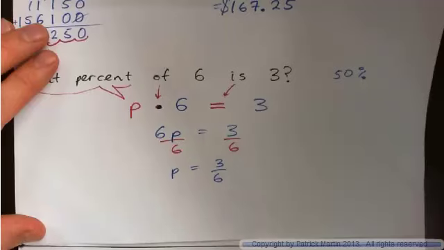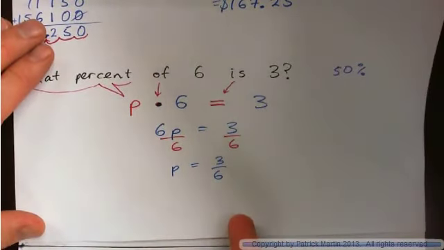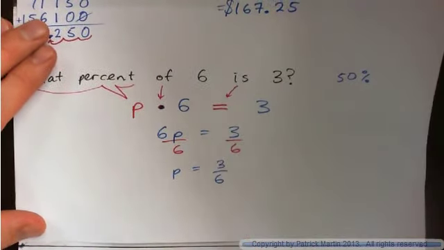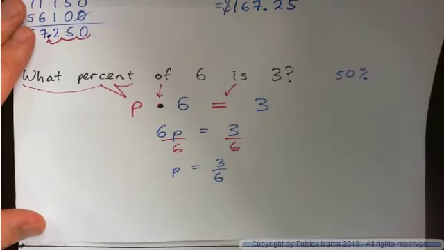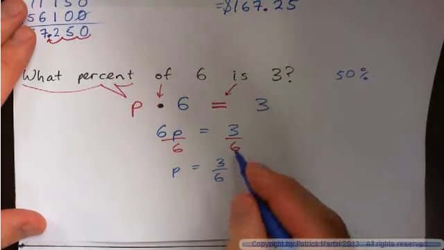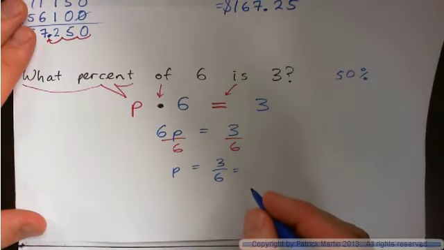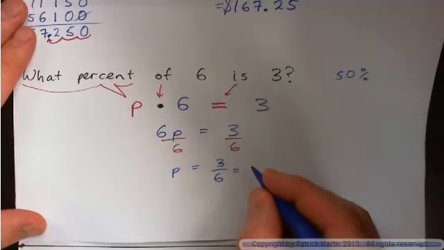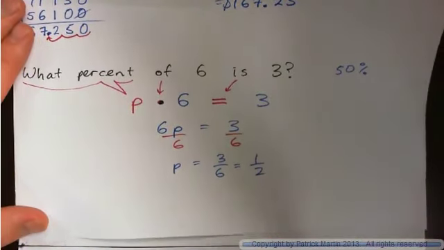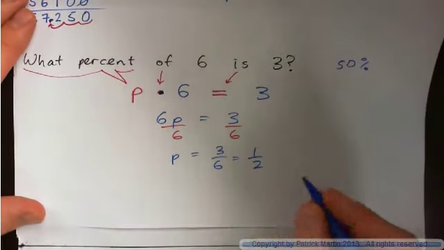You see, that's the percentage. And now you just turn this fraction into a percent and you have the answer, because the answer is 3 over 6, and in lowest terms, what's that? 1 over 2, right?